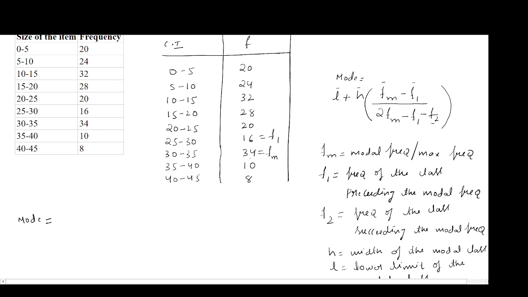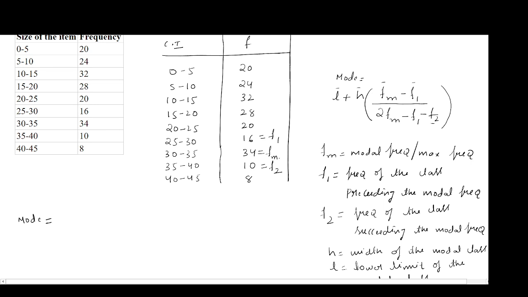So the maximum frequency we have got is 34 and the previous value is 16. And F2 stands for frequency of the class succeeding. Succeeding is after the maximum frequency. So succeeding the modal class or maximum frequency, that is 10. So 10 is your F2 value. First we have to identify maximum frequency. From the frequency table, maximum frequency is 34.